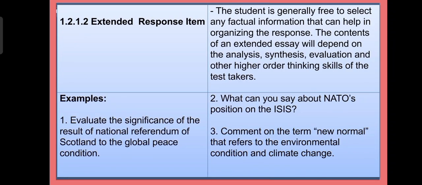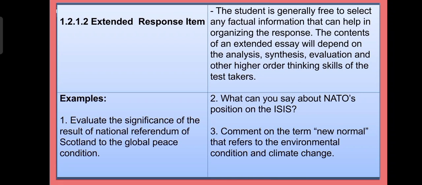Next, extended response item. The student is generally free to select any factual information that can help in organizing the response. The contents of an extended essay will depend on the analysis, synthesis, evaluation, and other higher order thinking skills of the test takers. Examples.